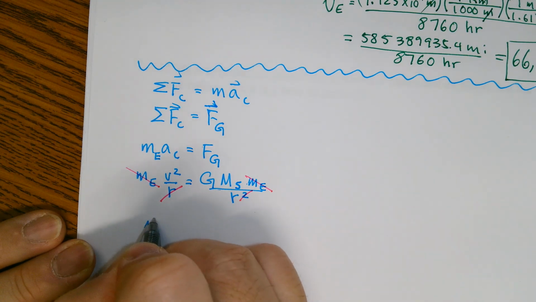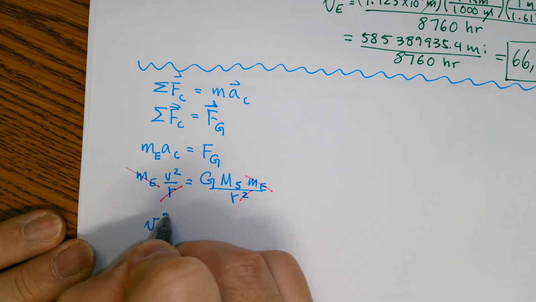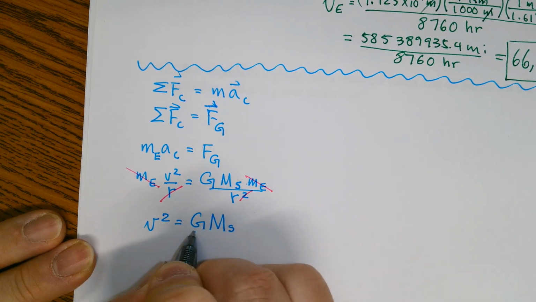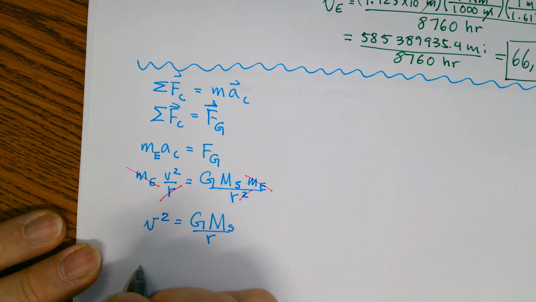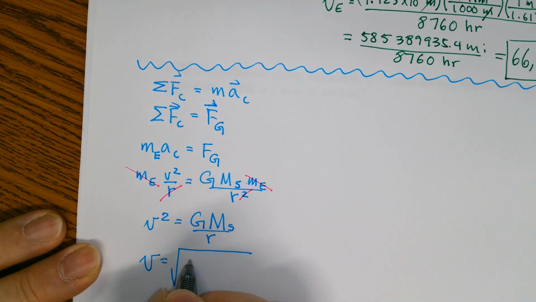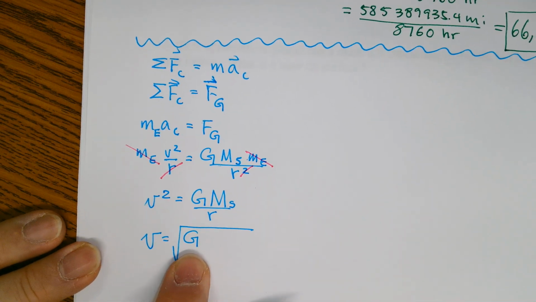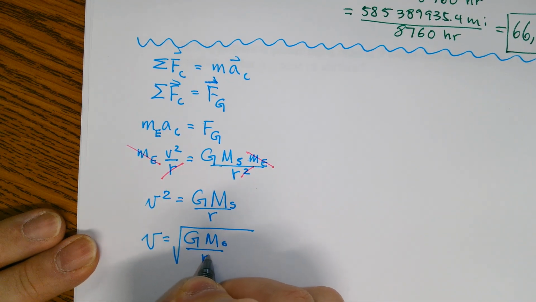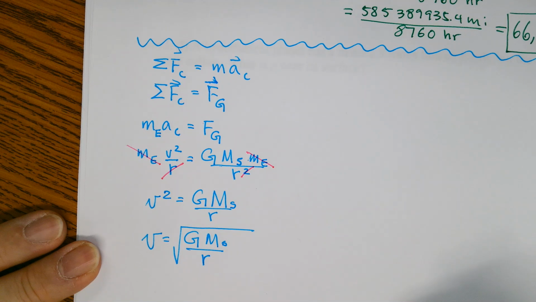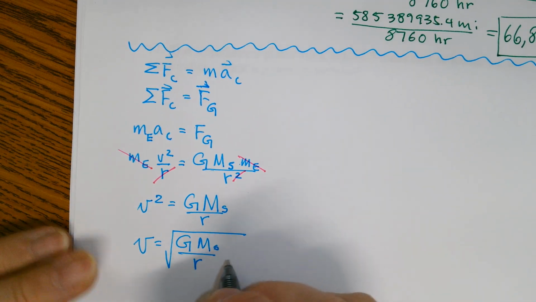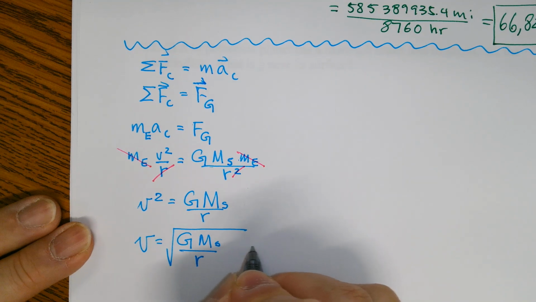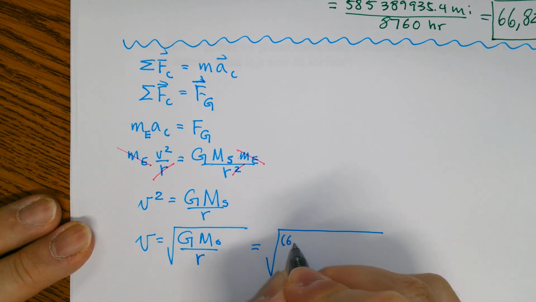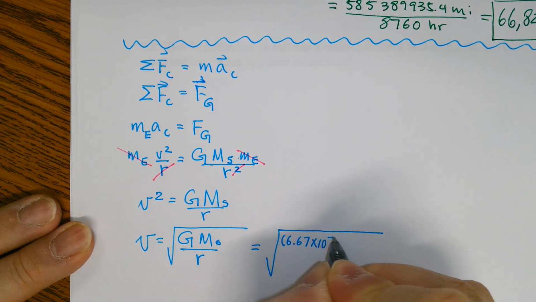So the speed of our Earth going around the Sun happens to be just the square root of universal gravitation G, constant, times the mass of the Sun divided by the distance. Therefore, if we put all this together and start putting in the numbers, G is 6.67 times 10 to the negative 11th.